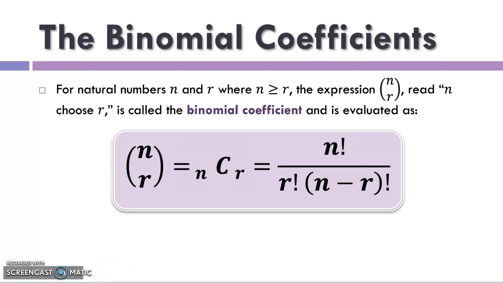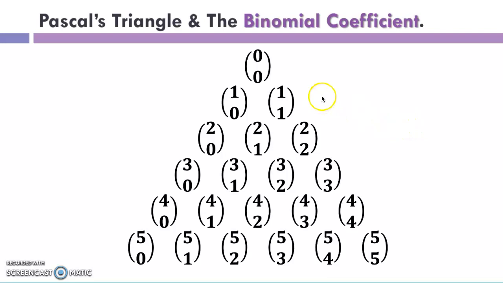Let's see that relation. Pascal's triangle coefficients are in the top: 0 choose 0, which is 1. 1 choose 0, which is 1. 1 choose 1, which is 1. 2 choose 0 is 1, etc. So we get our Pascal's triangle here.